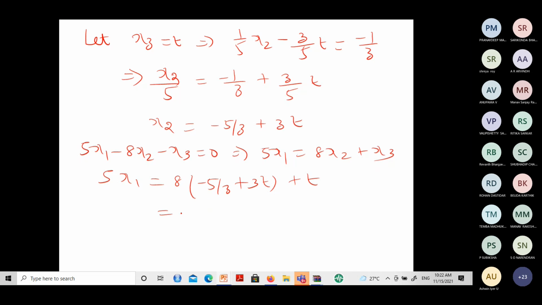That is minus 40 by 3, 24t plus t, 25t. So x1 is, divide this by 5, minus 8 by 3 plus 5t. So everything is in terms of t. So obviously it has an infinite solution, right?